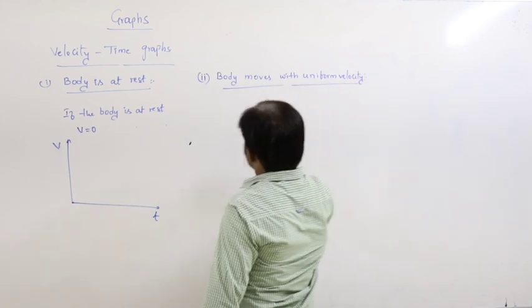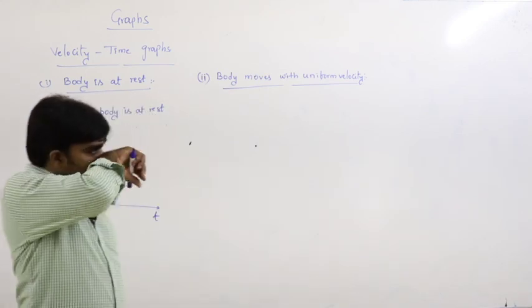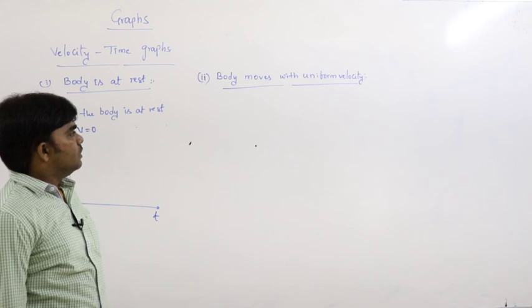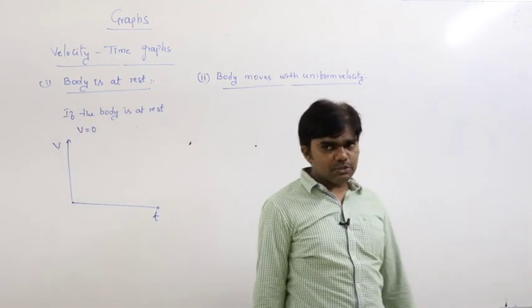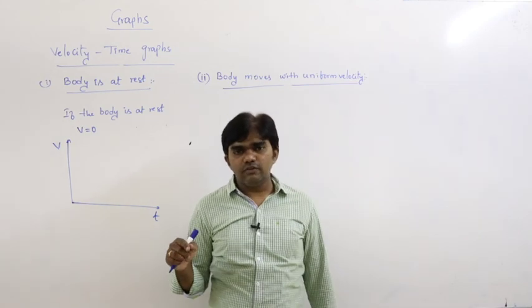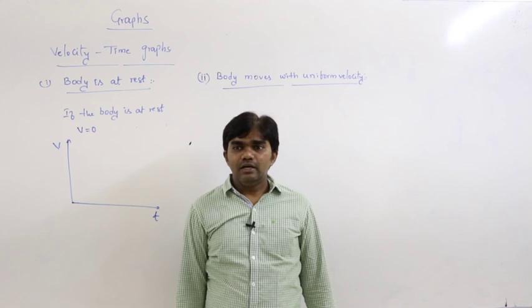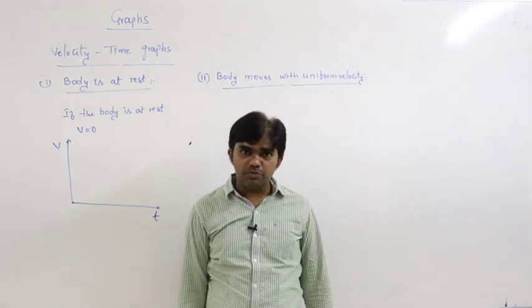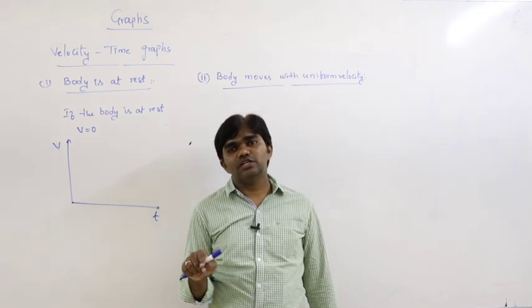That means the velocity of the body does not change with respect to time. Displacement of the body changes with respect to time, but the velocity of the body does not change.